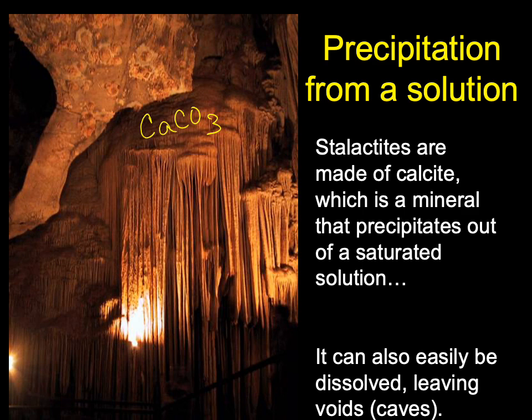They can find each other and start to precipitate from that solution as a solid. So this is all calcium carbonate solid in this cave that precipitated out of the water that was flowing through it. We can also destroy this, of course. We can make caves by destroying the calcium carbonate when we dissolve it by putting water back into the system. But that's the opposite of precipitation from a solution.